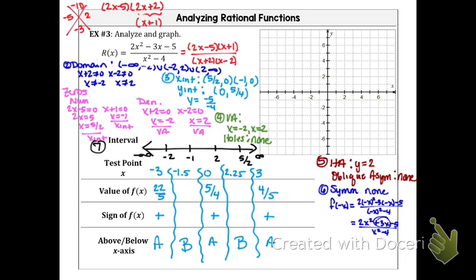All right, and so let's go ahead and let's graph. So we're going to start with our x-intercepts at 5/2, which is 2.5, and at negative 1. Y-intercept at 5/4, which is 1.25.